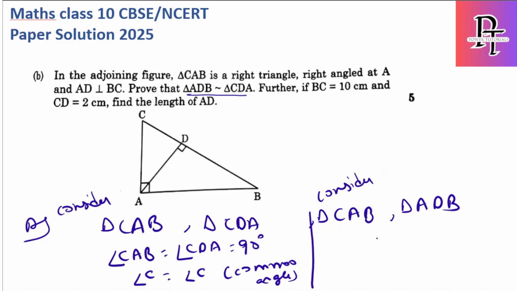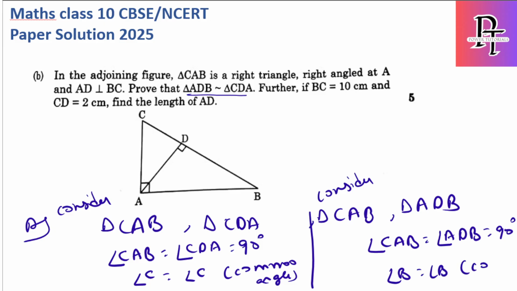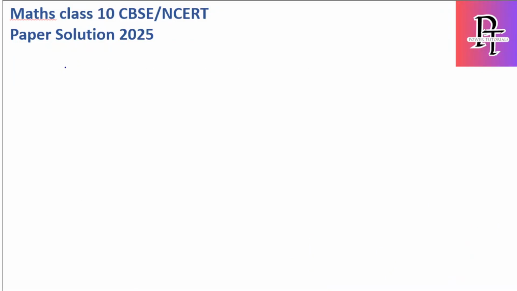Same way for these two triangles, angle CAB is equal to angle ADB, which is 90 degrees, and the other one, angle B is equal to angle B, common angle. I have written both side by side. If you want, you can also write one after the other. So as we got two angles equal, using AA similarity, I can say both the triangles are similar.